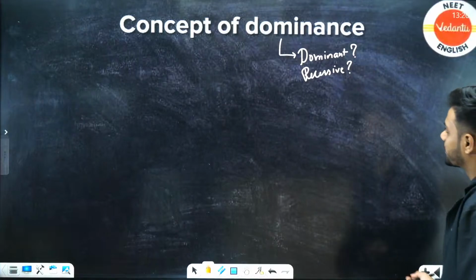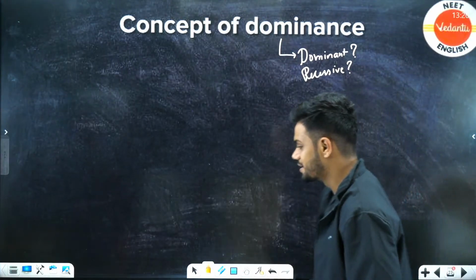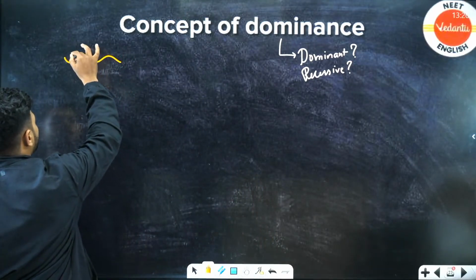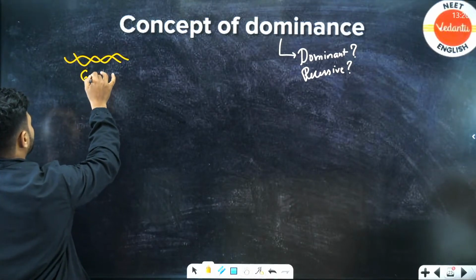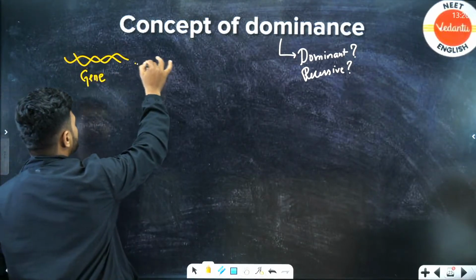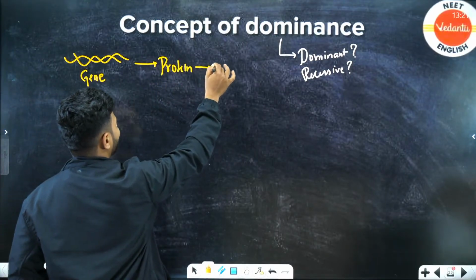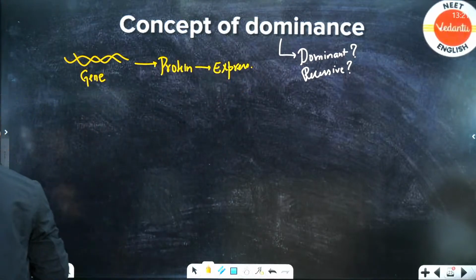Okay. Now, what is the concept of dominance, students? Here we have a gene. This gene will end up giving us some protein, and this protein will express eventually.